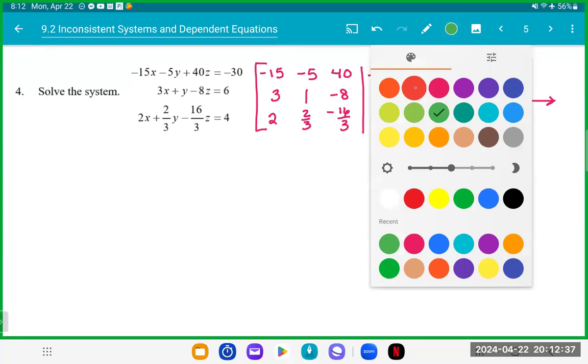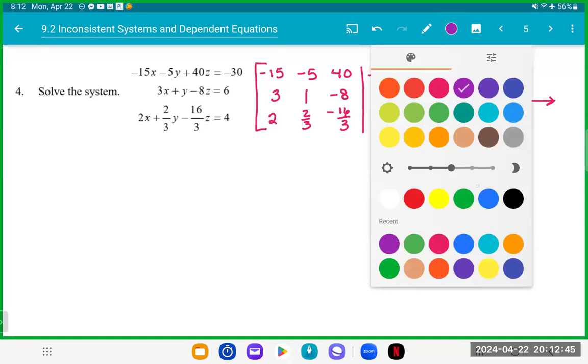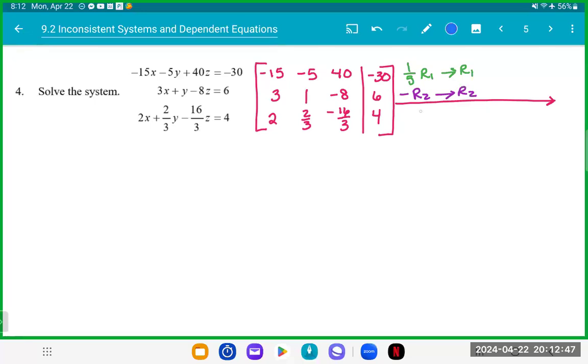Let's do our second equation as, let's just do negative row 2, replace row 2. And our third equation, let's do negative 3/2 row 3, replace row 3, right? So we would eventually find out that these are all one equation, but I'm showing you here in just one step.